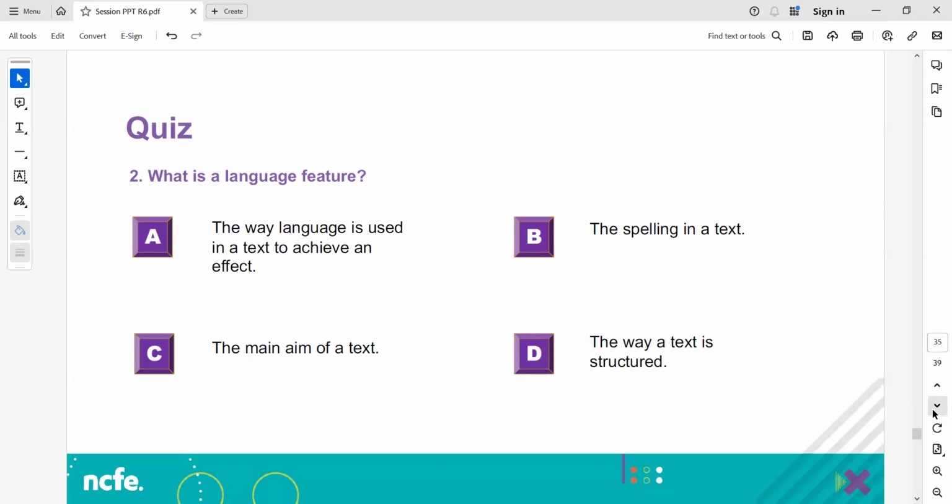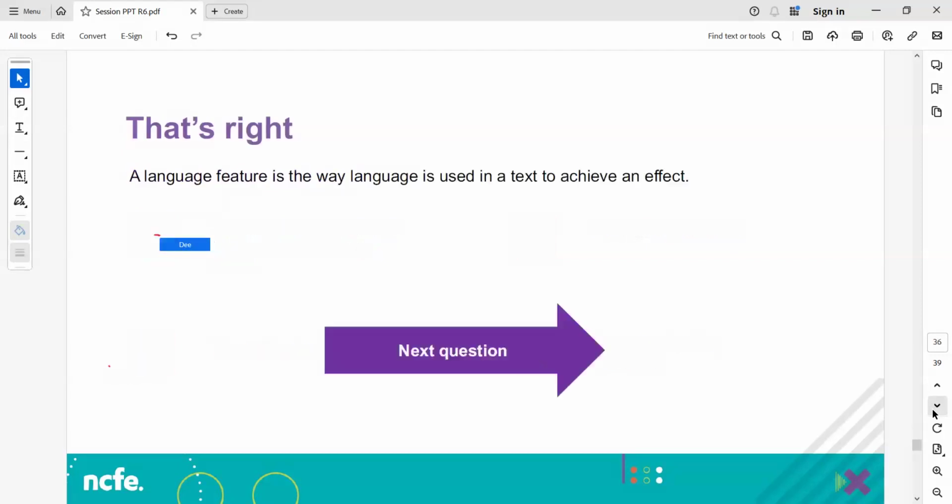D. So D is about the structure of the text rather than the language. So it's not D in this case. It's A, yes. A language feature is the way language is used in a text to achieve an effect.